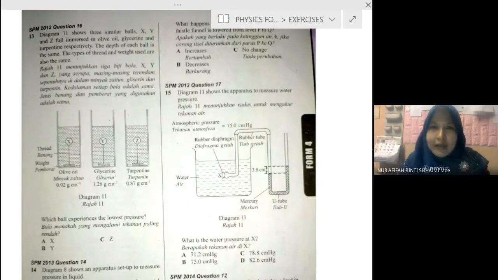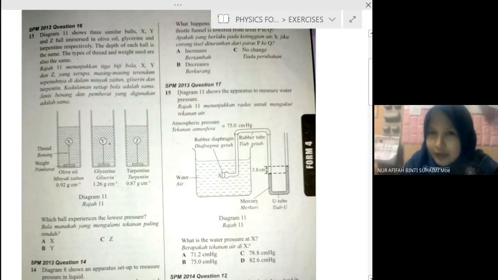We have different density of liquid, same weight of object. So which one experiences the lowest pressure? Lowest P means the depth is the same, g is the same.